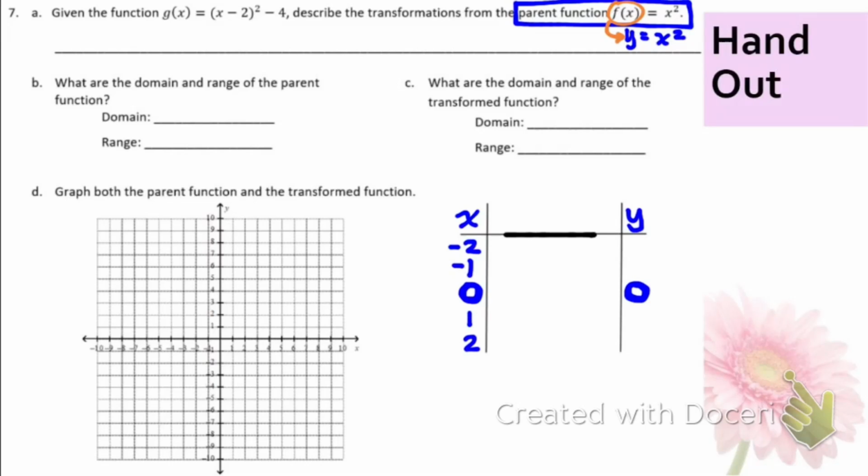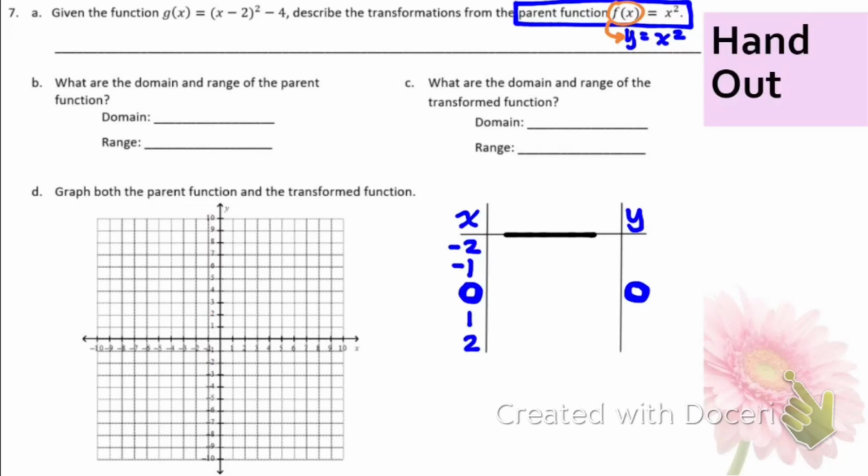And then yesterday, to get our y's, we took these and we substituted them back in. What does it tell me we're going to be doing to the x's? We're going to substitute and then square them. What does it mean to square something? Multiply it by itself. So I'm going to take -2 and I'm going to square it. I'm going to multiply it by itself.